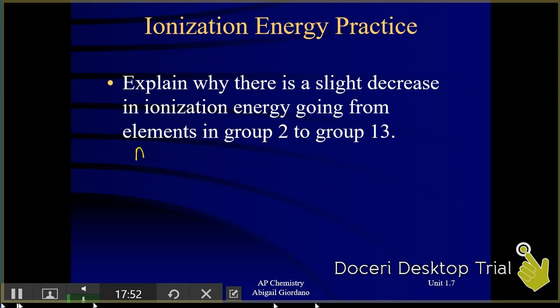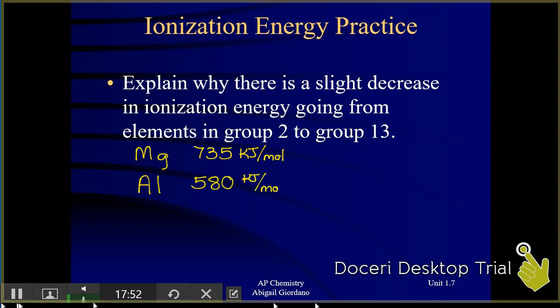We're going to look at magnesium versus aluminum. Magnesium's first ionization energy is 735 kilojoules per mole, and aluminum's first ionization energy is 580.